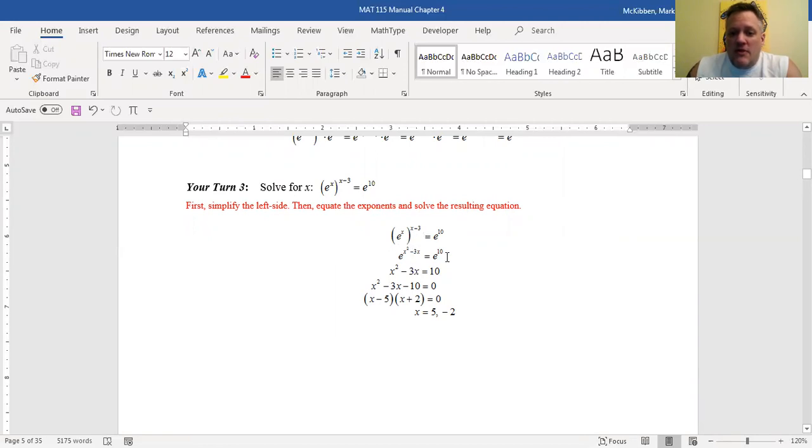And so this equation implies that since I have both sides as e to something, I'm going to equate those exponents to get that equation, and then subtract 10 from both sides to get this guy. But that factors as x minus 5 times x plus 2. And so if you set each factor equal to 0, you get 5 and negative 2.